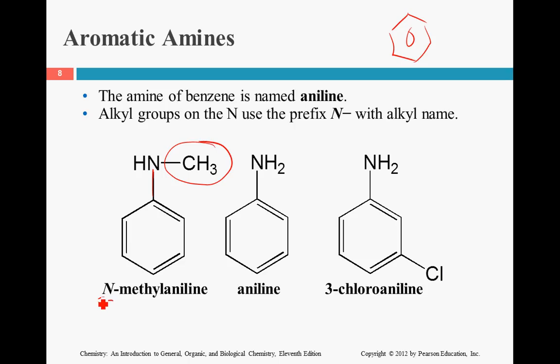Therefore, they signify that with an N. So N-methyl means that the methyl group is on the nitrogen, and it's an aniline. Whereas in the last one, here's your aniline. The chlorine is bonded to the benzene ring instead. So here's aniline. 1, 2, 3. On the third carbon of the benzene is the chloro group.